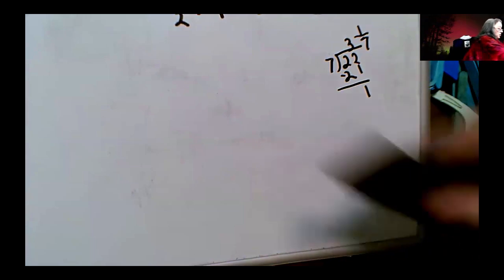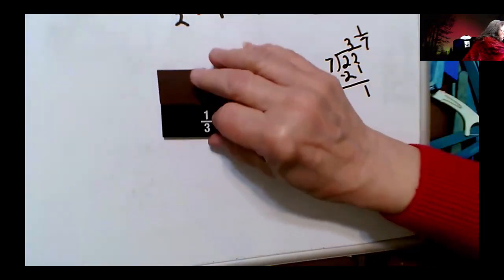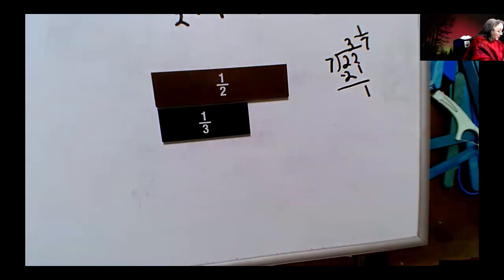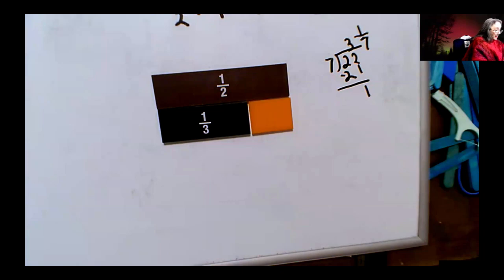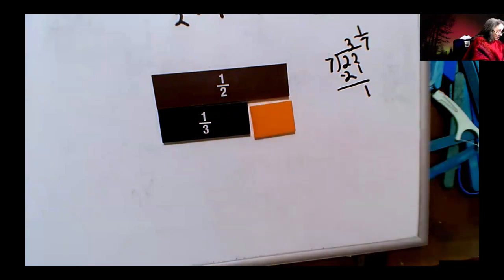If I take my fraction tiles and I want to know how many pieces the size of 1/3 I can make from 1/2, I see that 1/2 is bigger. I can make all of my third and some part of it more. And the answer is, what part of the third is my remainder?